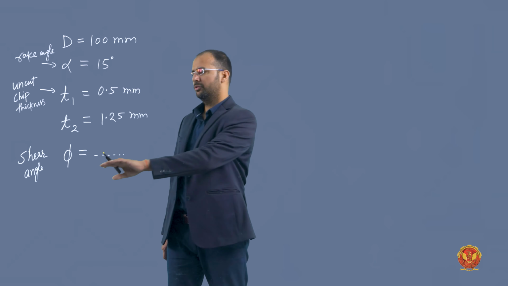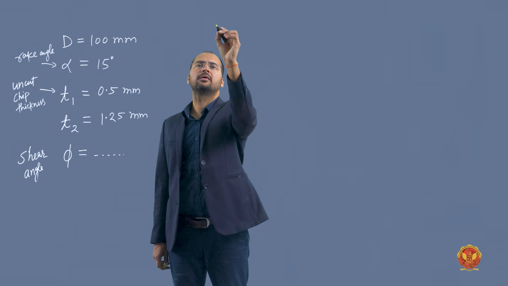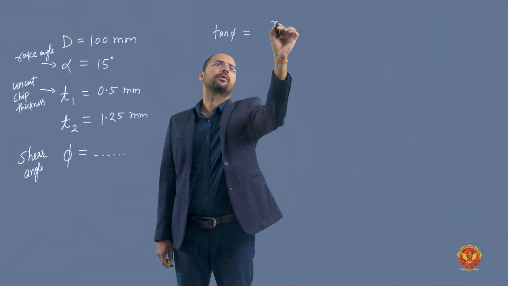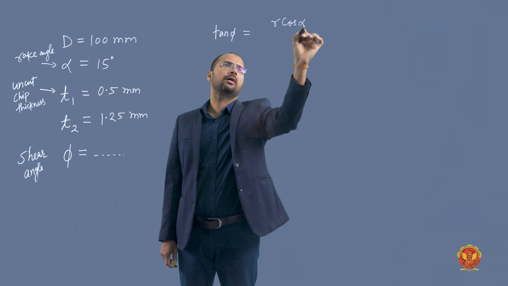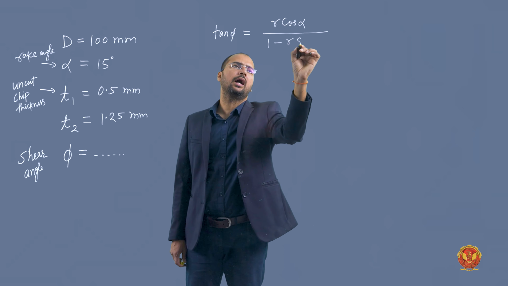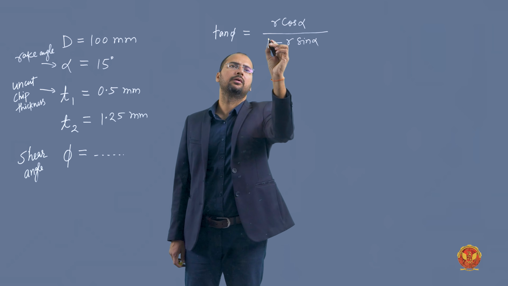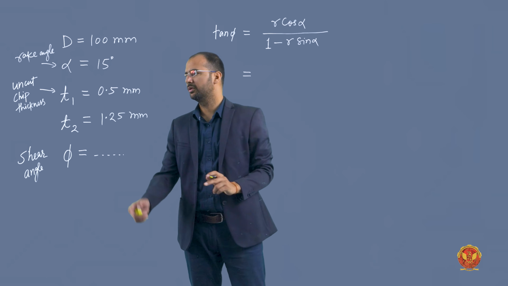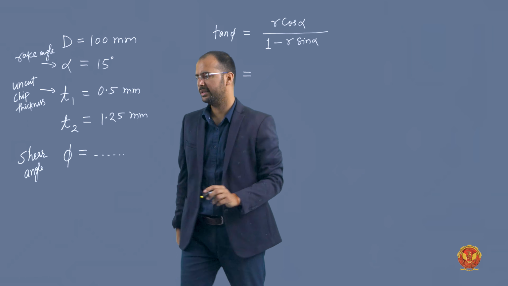So we know the formula for shear angle, that is tan phi is equal to r cos alpha divided by 1 minus r sin alpha. Here the value of r we can find out easily.